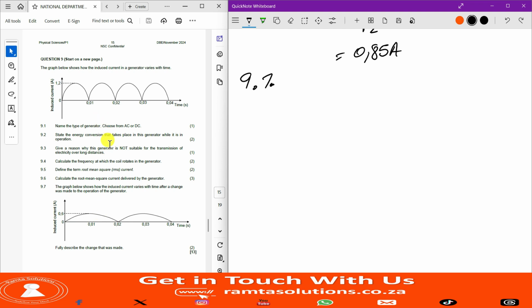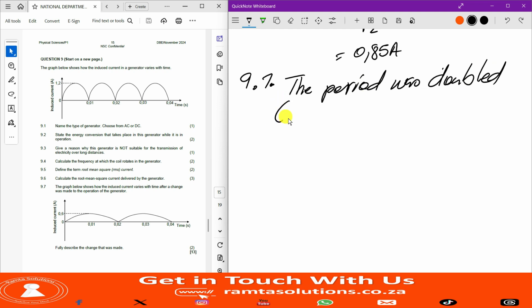But should I say frequency or should I say period? As you can see, the period was 0.02, but now it's 0.04. Do we say the period was halved? No, the period was doubled.